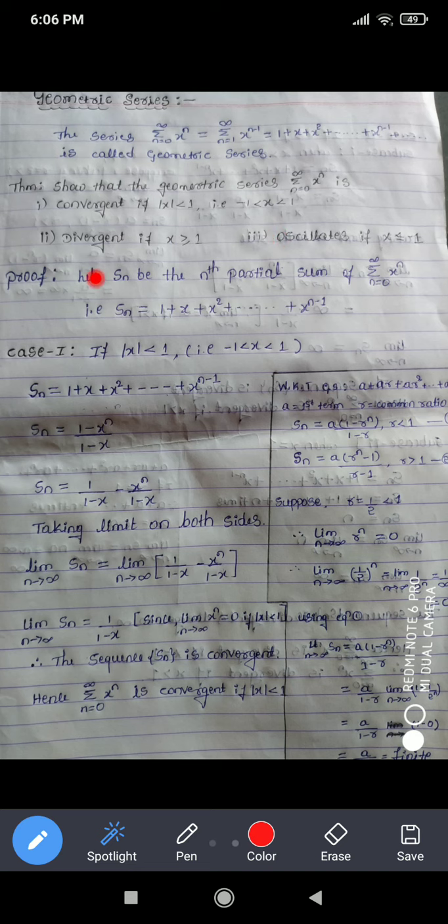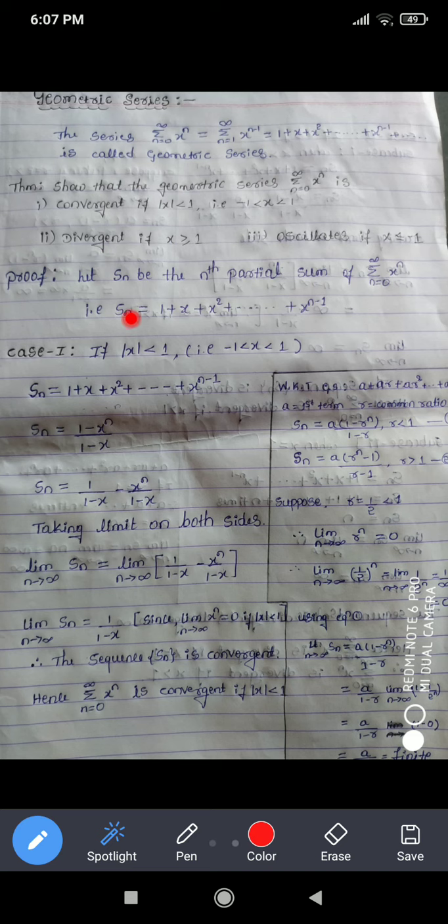The second case is divergent: the given series is divergent if x is greater than or equal to 1. And the third case is oscillating, if the x value is less than or equal to minus 1.